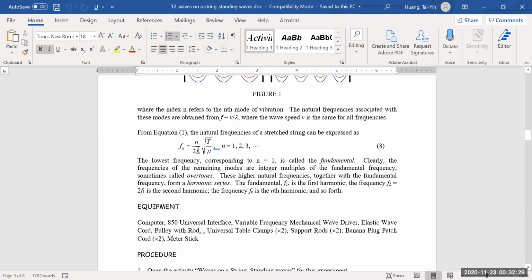Here n over 2L is just equal to 1 over lambda, and for v we just use equation 1, the square root of T over mu. So when you plot f versus n over 2L, the experimental value of the velocity would just be the slope, which you get when you do a line fit.